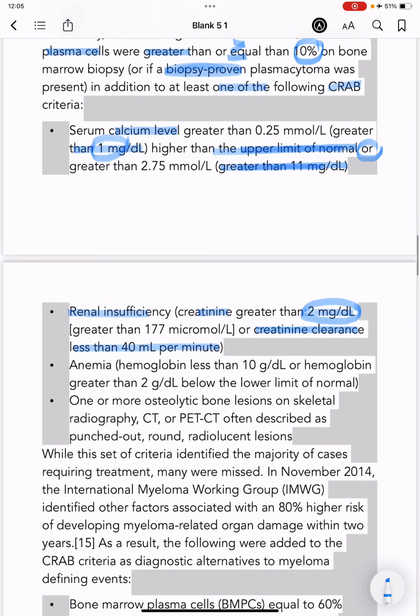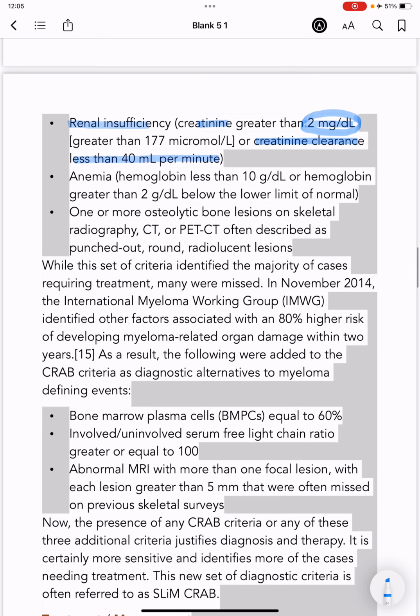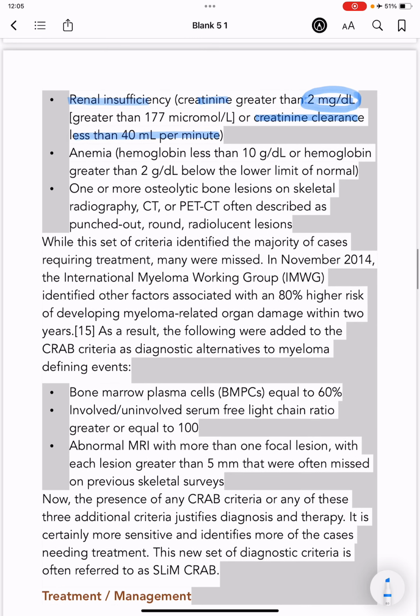So this is the CRAB criteria. CRAB means calcium, renal involvement, anemia, and lytic lesions of the bone. Anemia is hemoglobin less than 10 gram per deciliter, or greater than 2 gram per deciliter below the lower limit of normal.